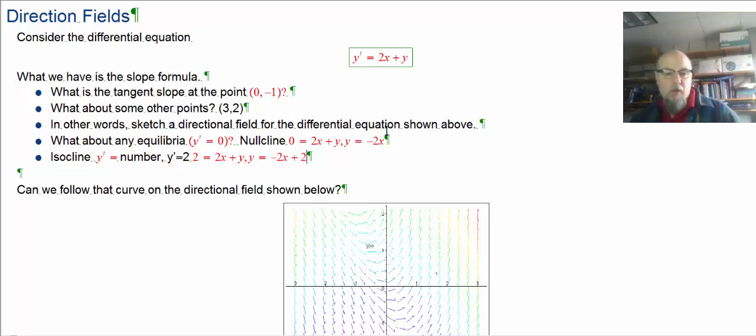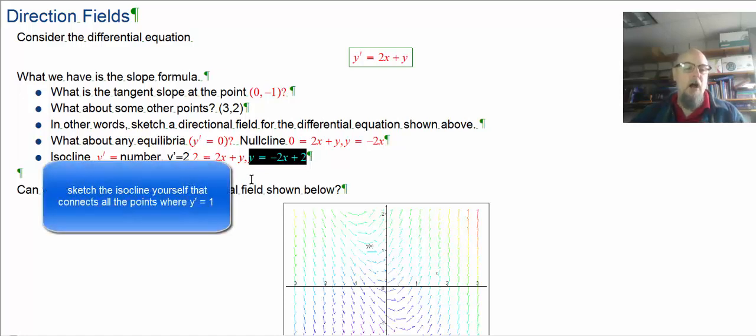All points on this curve, minus 2x plus 2, so it goes through here like this. That would be connecting these 2 points here. That's the isocline, iso for the same, cline for slope. It's the curve that connects all the places in the direction field that have the same slope together. I could have arbitrarily chosen this 2 to be 5 or whatever.